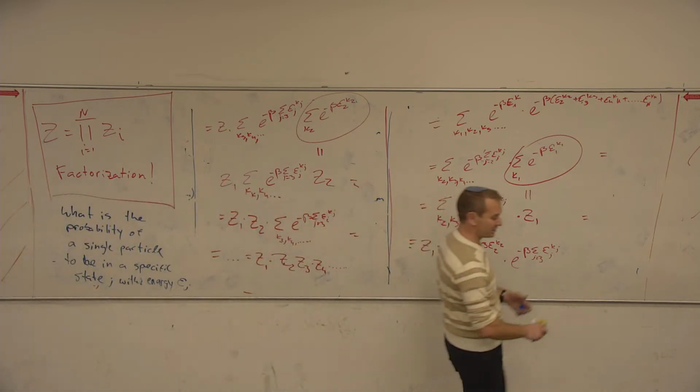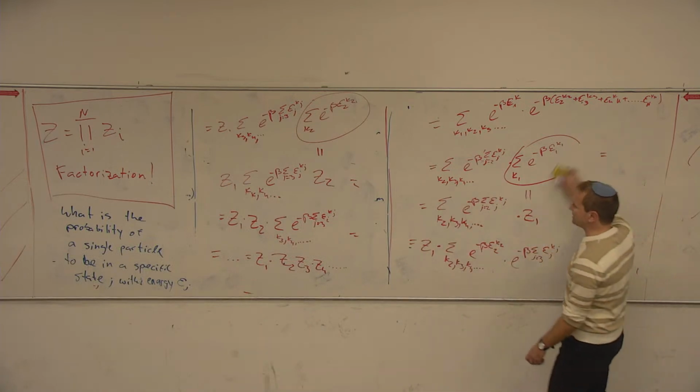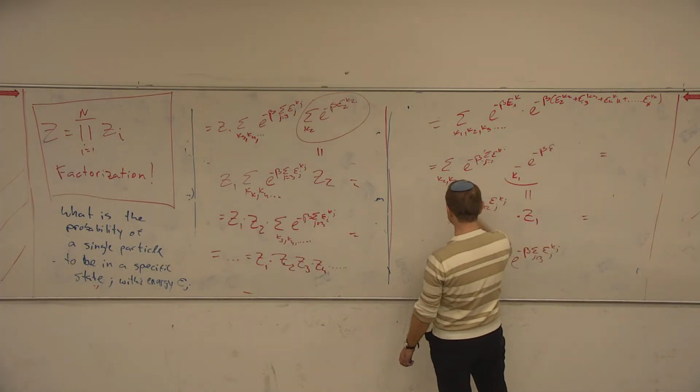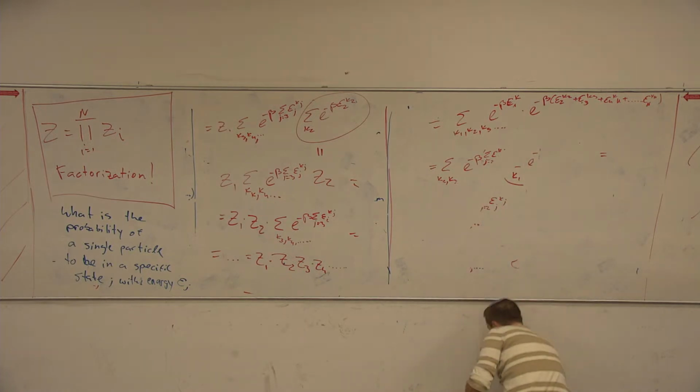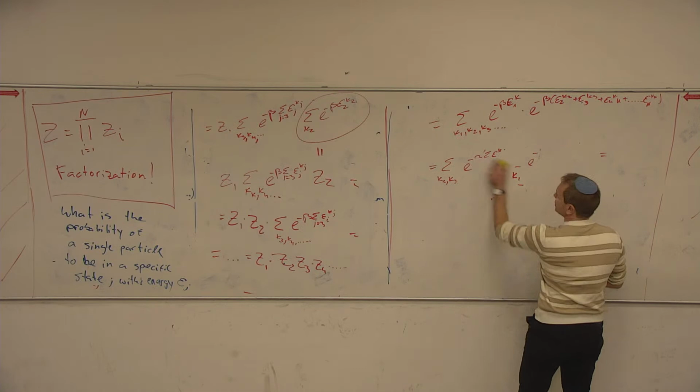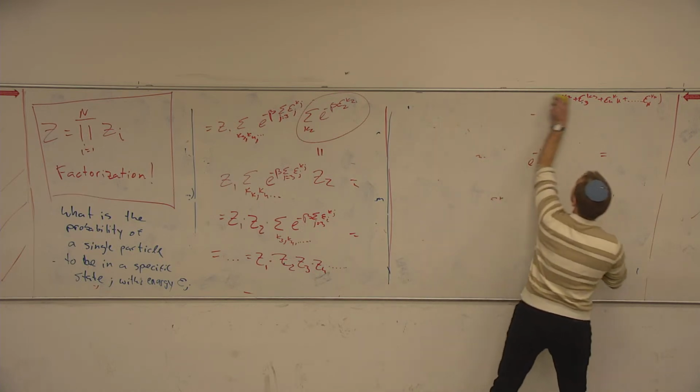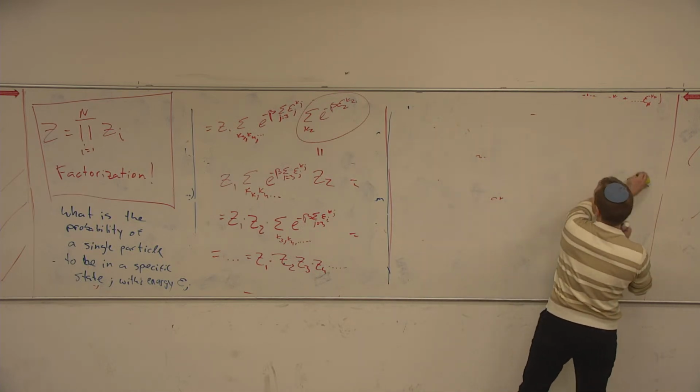If I treat this mathematical formalism, it's exactly as the probability of a large system to be in state J with epsilon J. Exactly the same.